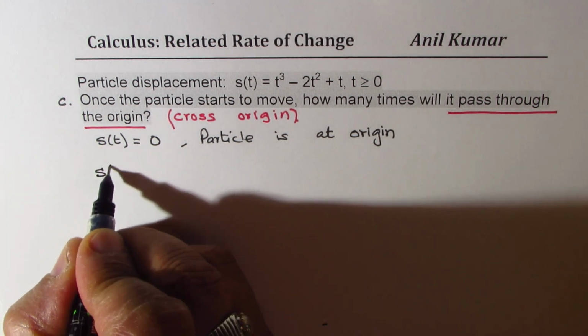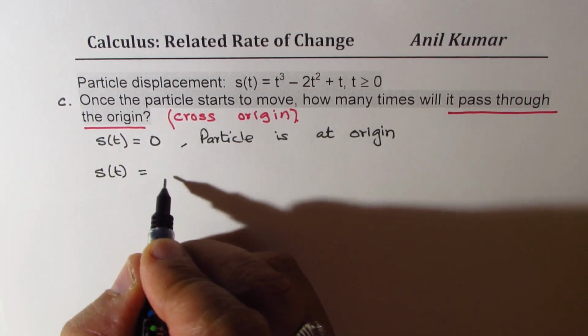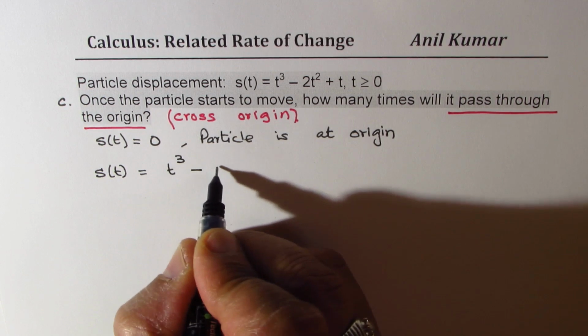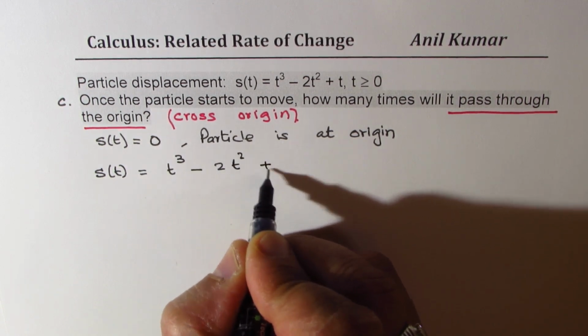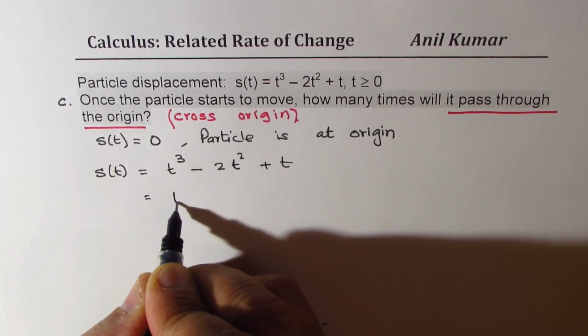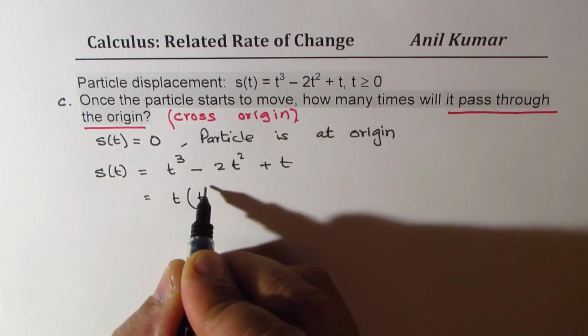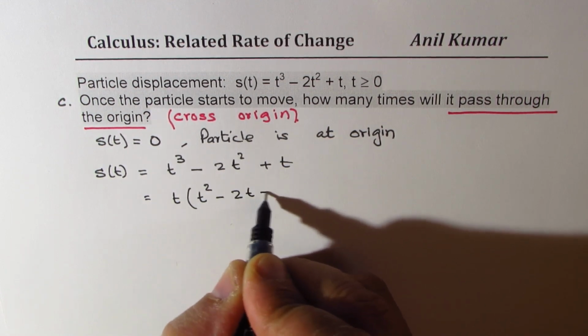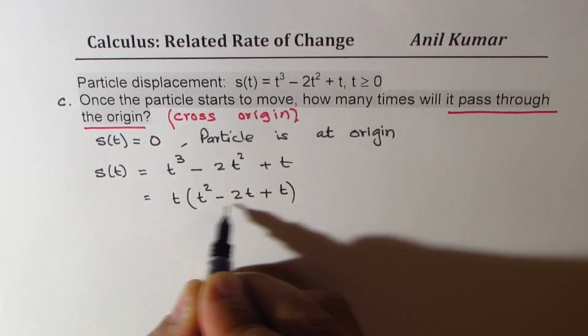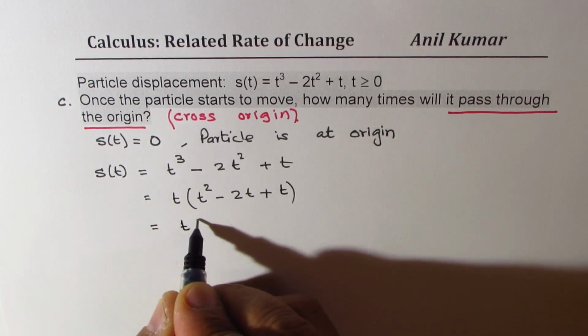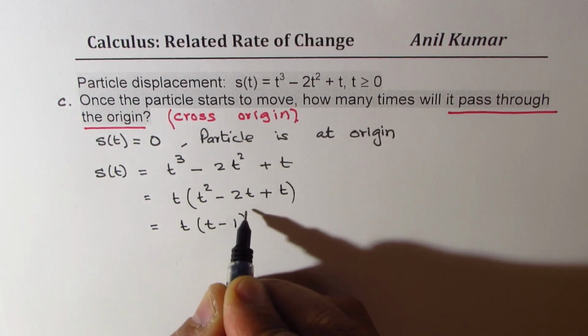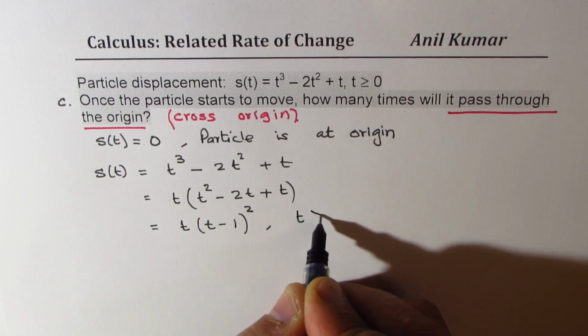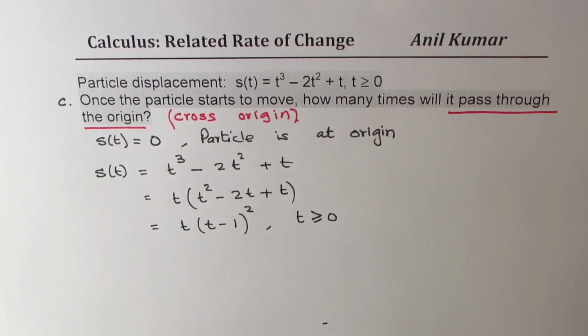So let's begin with the equation itself, which is t cube minus 2t square plus t. If you factor out t, you get t times t square minus 2t plus 1. Now this is a perfect square, so you could write this as t times t minus 1 whole square. And we know t is greater than or equal to 0.